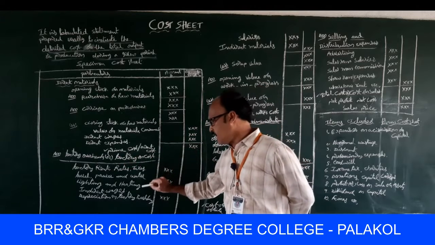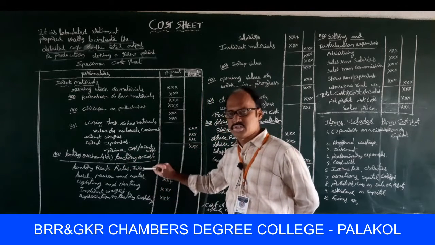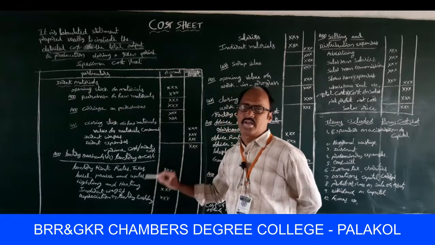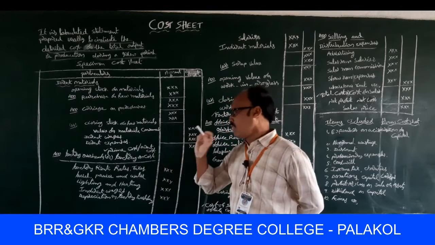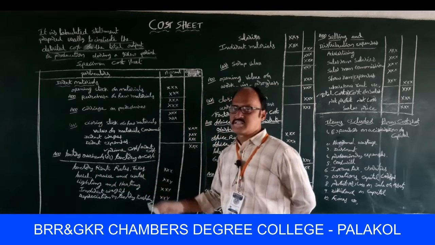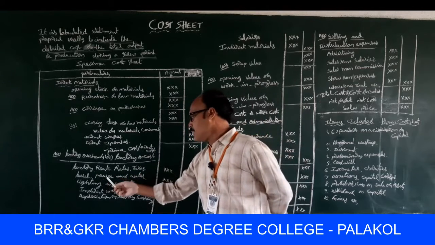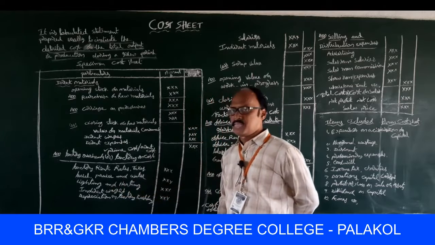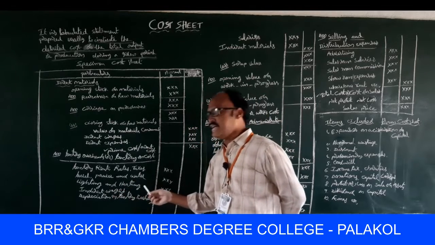These are all the indirect expenses belonging to the factory. What are they? Factory rent, rates and taxes, fuel, power and water, lighting and heating.